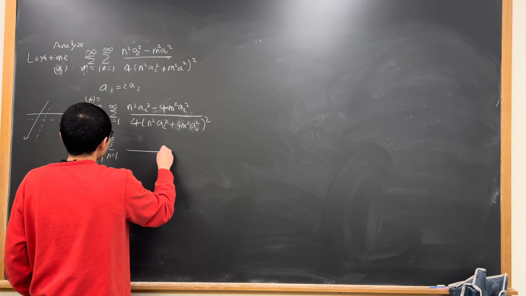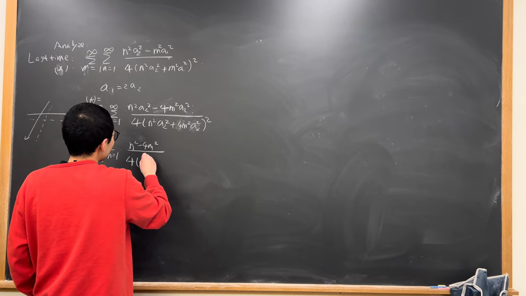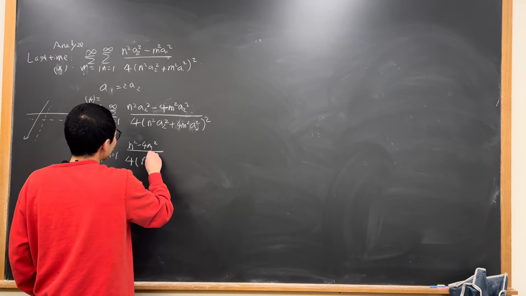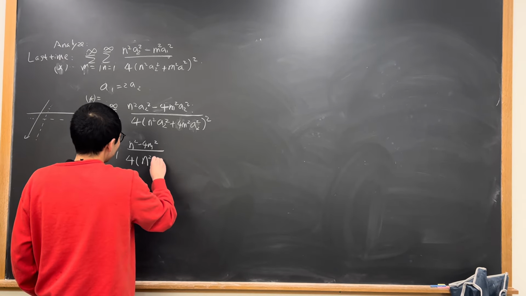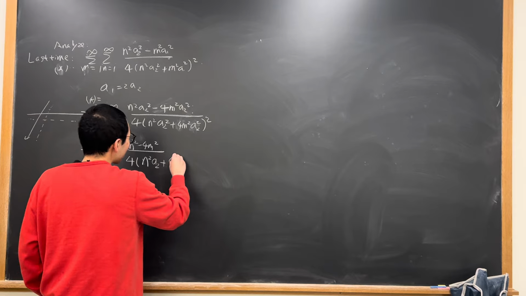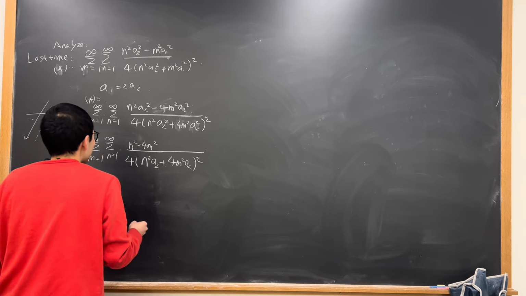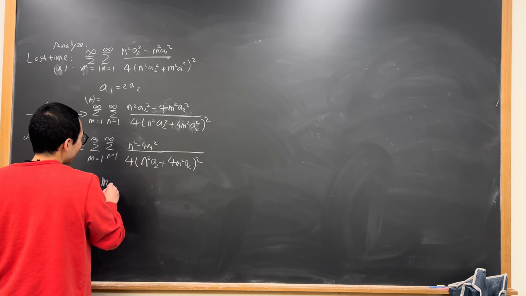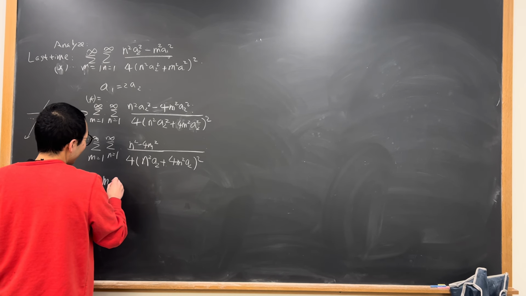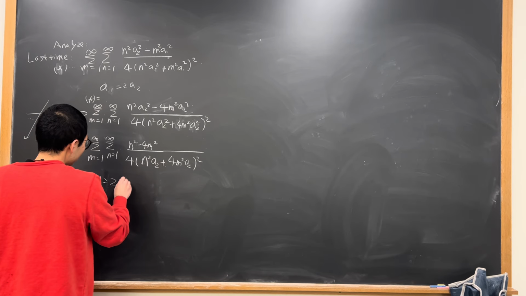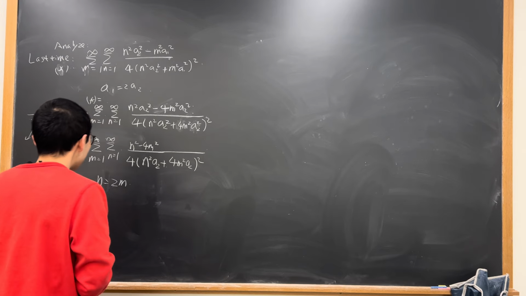This is n squared minus 4m squared, over a2 plus 4m squared a2. So in this case n is equal to 2m. So the zeros are exactly where n is equal to 2m.